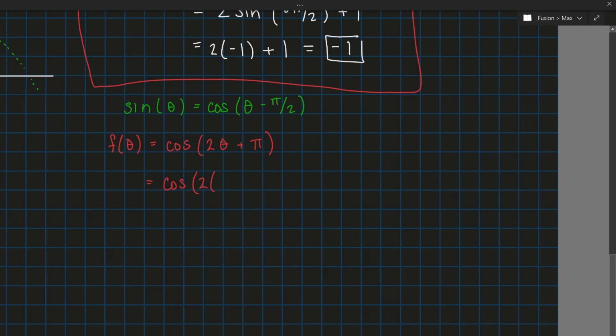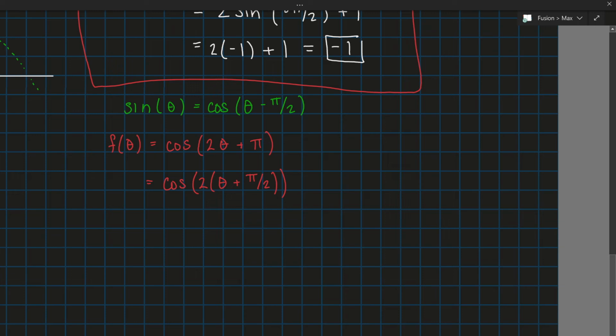So basically, we're dividing both of these numbers by 2. So we'll get theta plus pi over 2. Good. So we're actually shifting our function to the left by pi over 2.